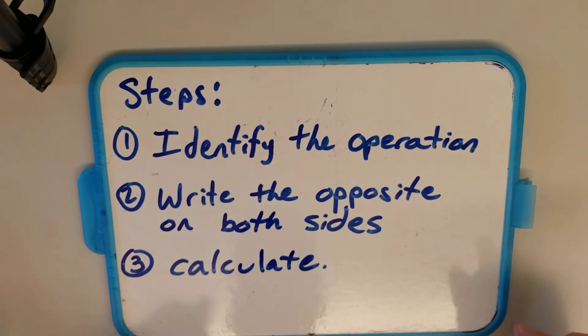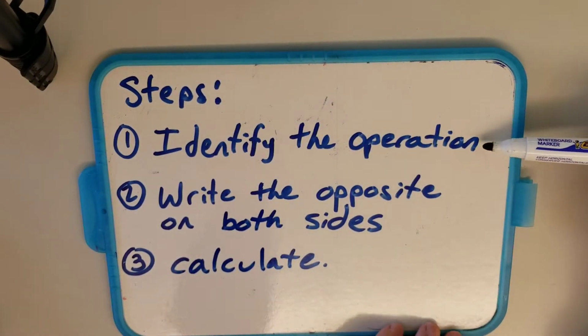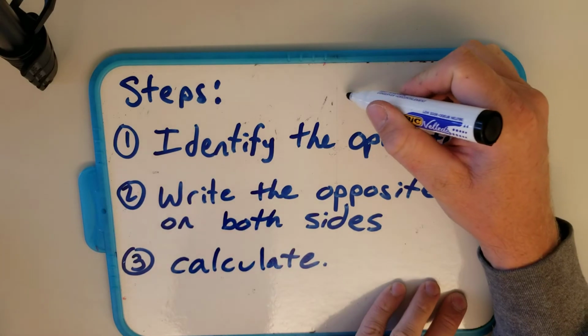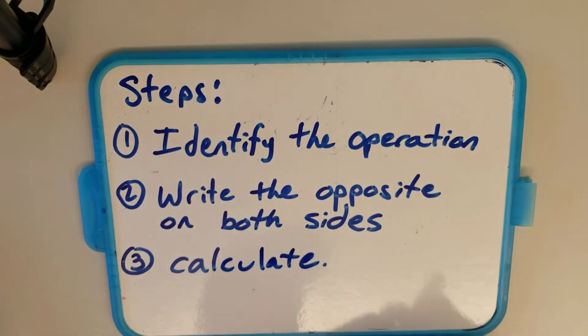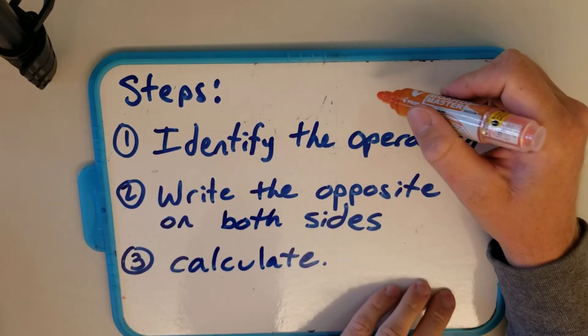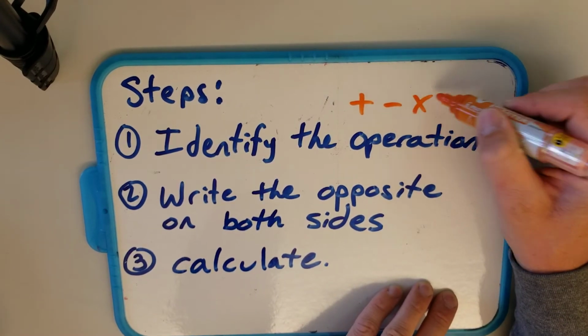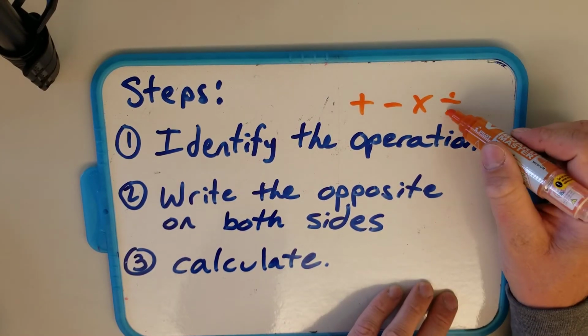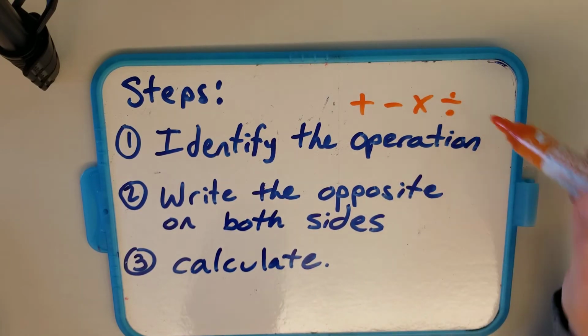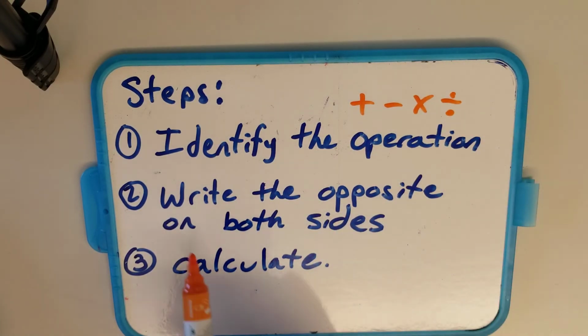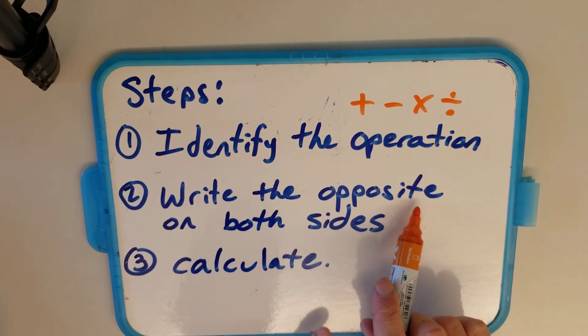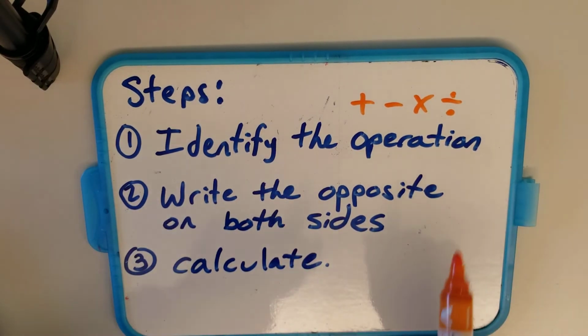So these are the steps that we're going to work through. The first one is to identify the operation. Is it addition, subtraction, multiplication, or division? So adding, subtracting, multiplying, or dividing. You need to identify which one we're using in the question, and then you're going to write the opposite operation on both sides of the equation.